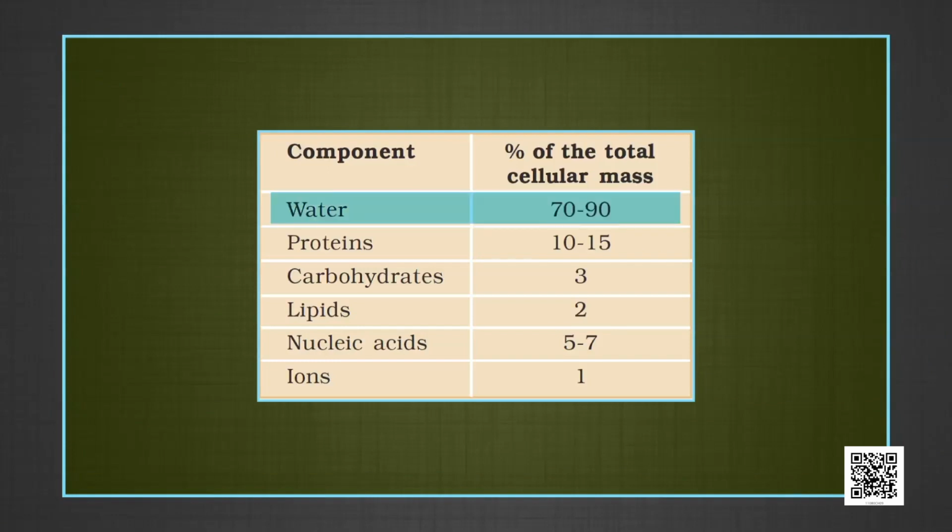Water is around 70 to 90% of total cellular mass, whereas proteins are 10 to 15%, carbohydrates 3%, lipids 2%, nucleic acids 5 to 7%, ions 1%. So, you can say that water is in large quantity.